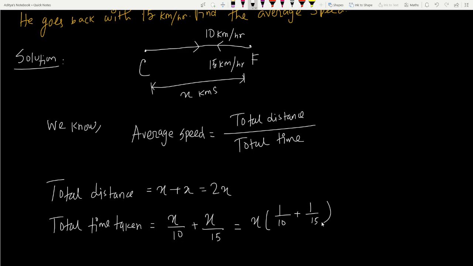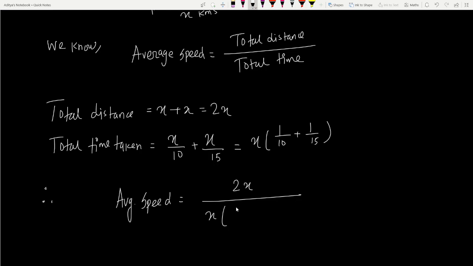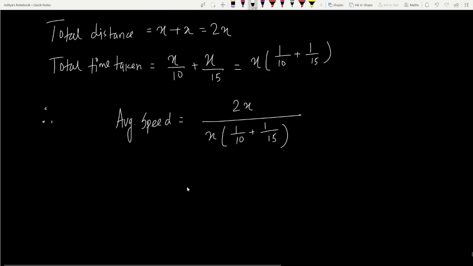Okay, therefore since we have the values, we can write average speed is equal to total distance, which is 2x, divided by x multiplied by 1 by 10 plus 1 by 15, and this should give me, after cancelling the x, 2 by 1 by 10 plus 1 by 15.